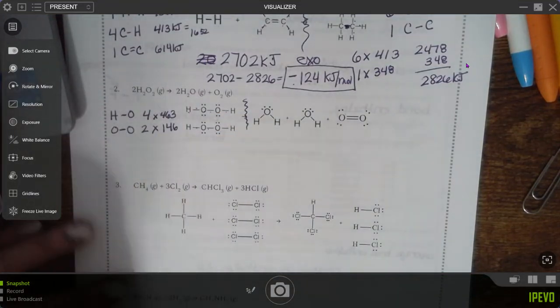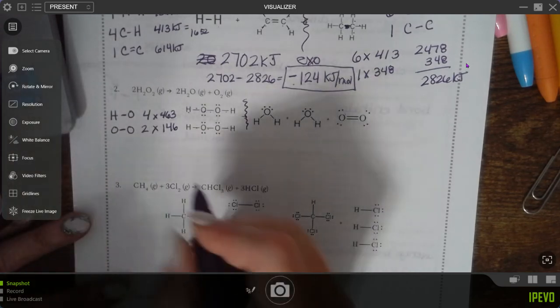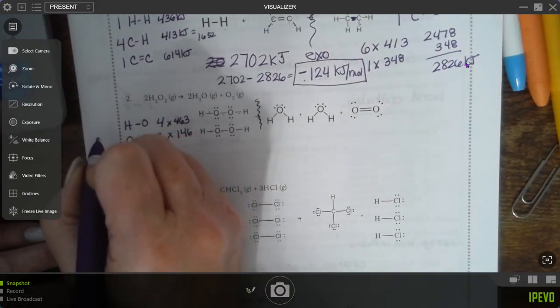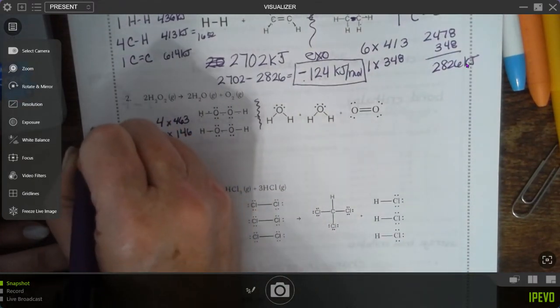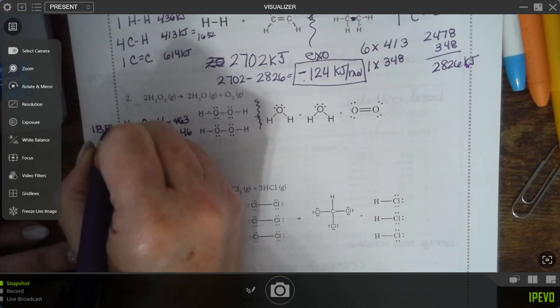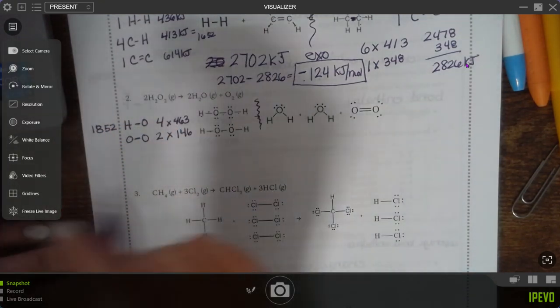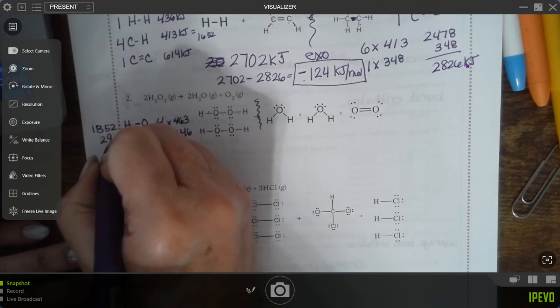So I'm going to take 4 times 463. That gives me, there's not enough room to write here, I apologize, 1852. And then 2 times 146 is 292.